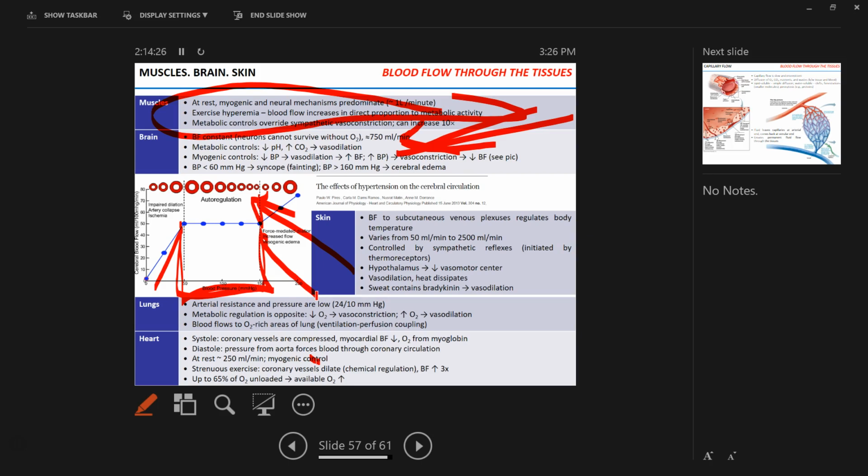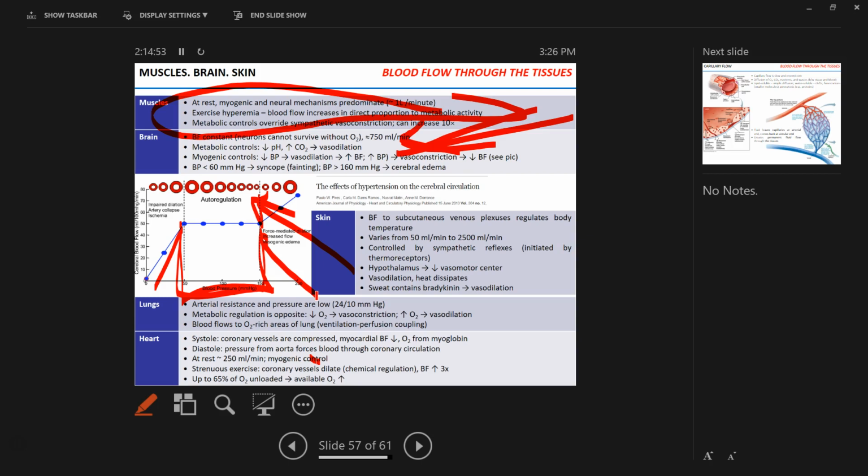That makes sense? Now, what if you go below that? If you go below 50, myogenic controls cannot maintain it anymore. They cannot vasodilate anymore. And they will simply become less and less stretched due to the low blood pressure. Blood flow will decline and the person will faint. Okay?